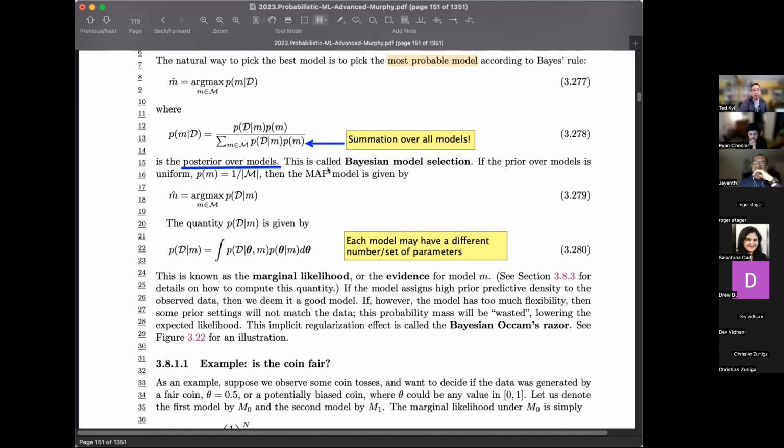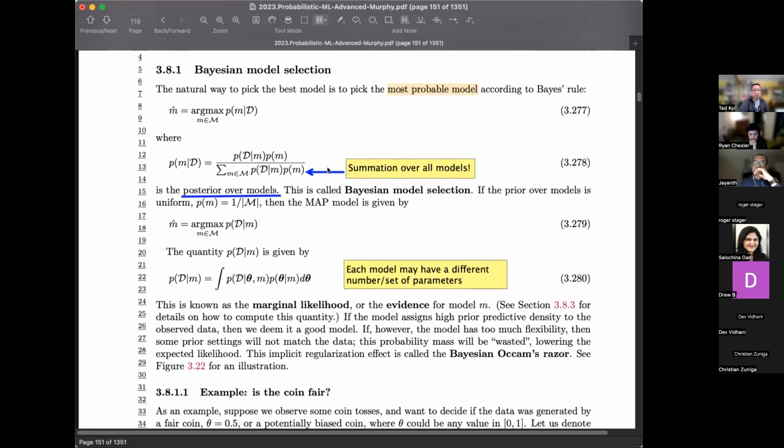Hey, sorry, Jayanth, can I say something about your last comment? Yes, please. So if we stick with really simple models, let's say we just had a couple of different linear regression models and we solve them all with maximum likelihood, then we actually have actual likelihoods for each of the models.